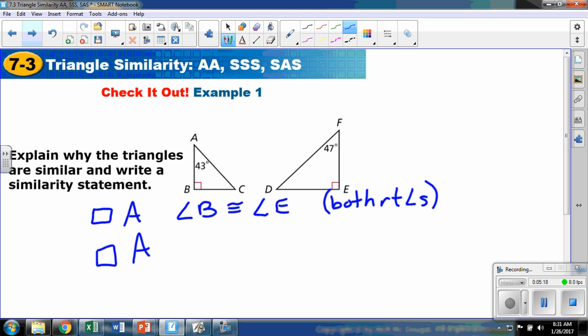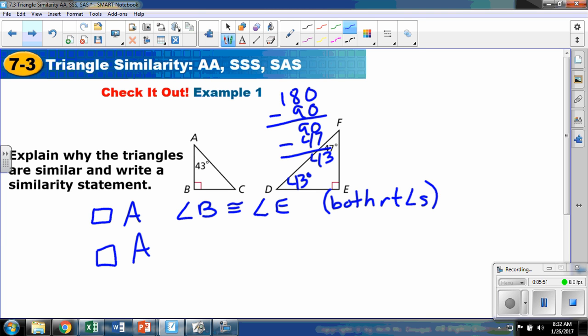But we can keep in mind, what do all triangles' three angles add up to? 180. So if we are looking for the size of angle D, 180 subtract off 90 would give us 90. Subtract off the 47, and 90 subtract 47 gives you 43, so angle D has to be a 43-degree angle because of the triangle sum theorem.